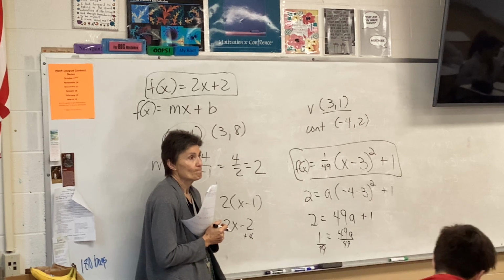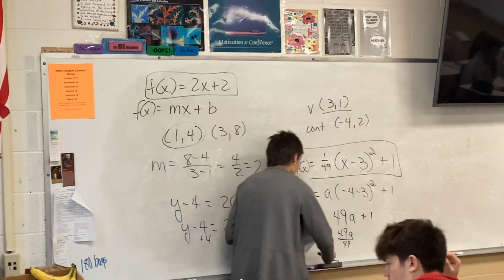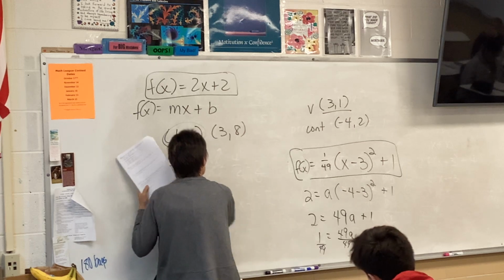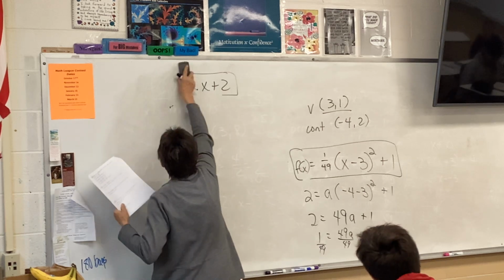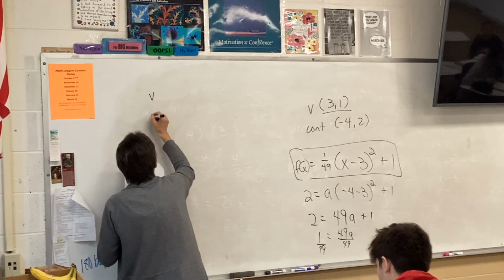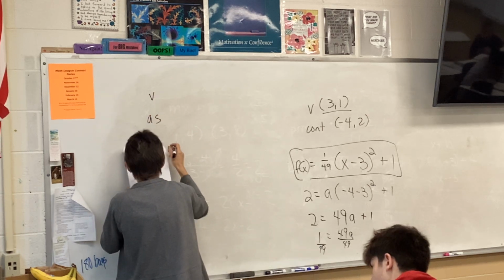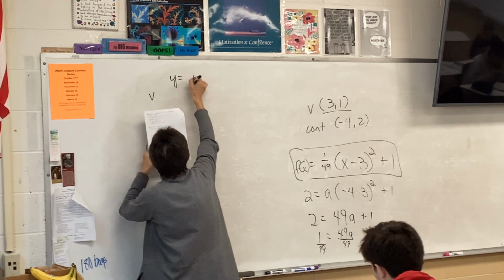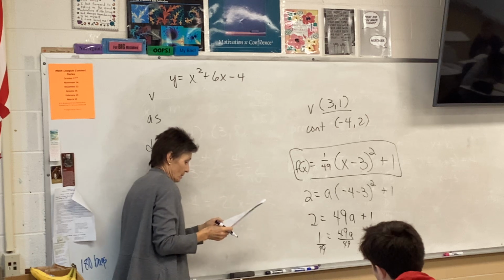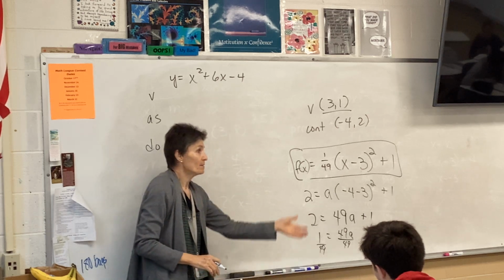All right, we good? One more part. Find the vertex, axis of symmetry, and direction of opening. Here we go. Vertex, axis of symmetry, direction of opening, and my equation is this. Okay, this is kind of like our ball up in the air problem.